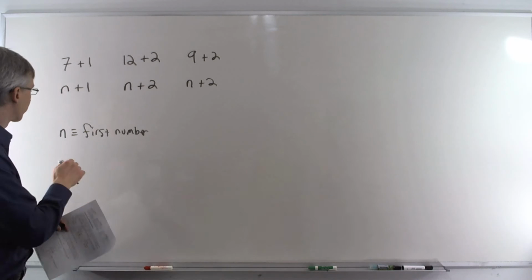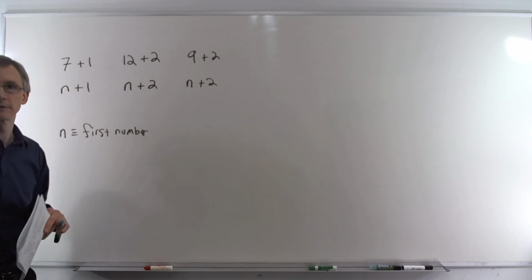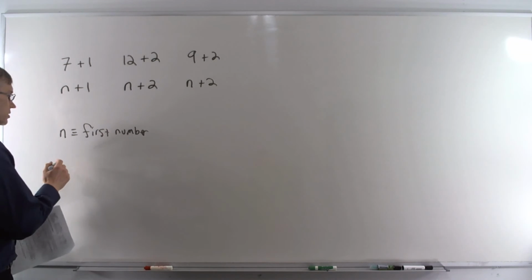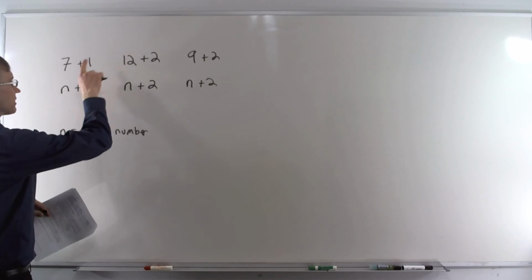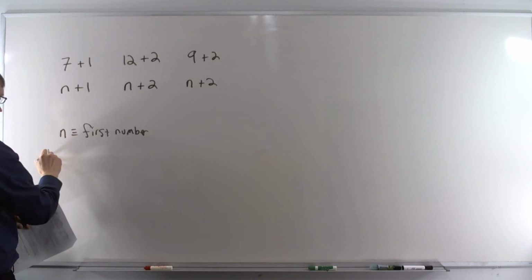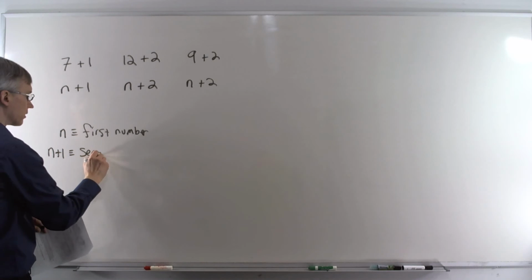We don't want to define a new variable, because then we won't be able to solve the equation because we have 2 variables. We can only have 1 variable in the equation. So that's where we refer back to this. If the number is n, the next consecutive number is n plus 1. So n plus 1 is the second number.